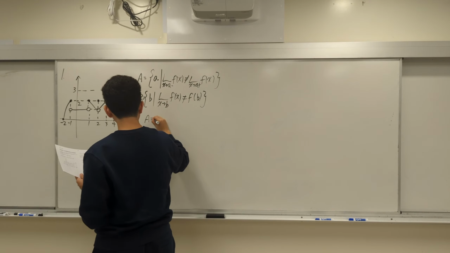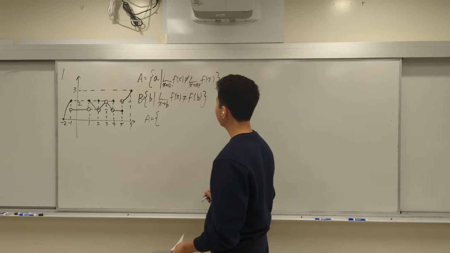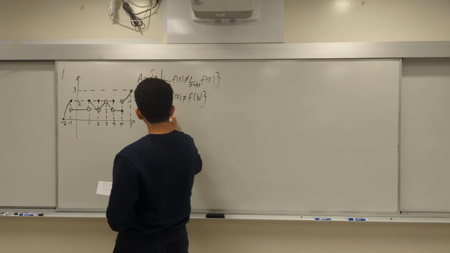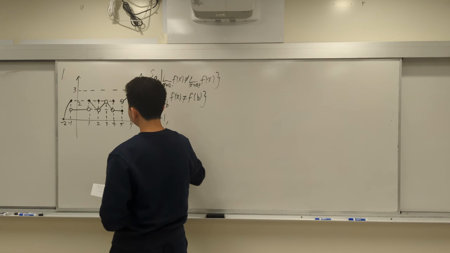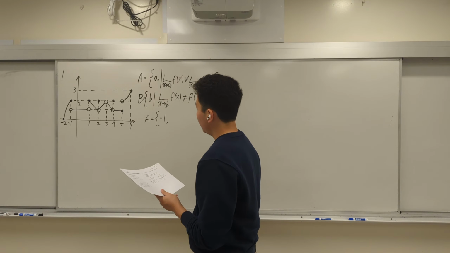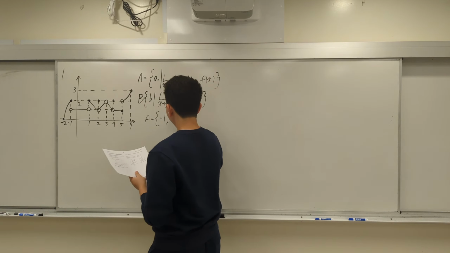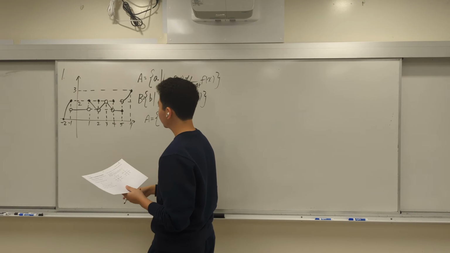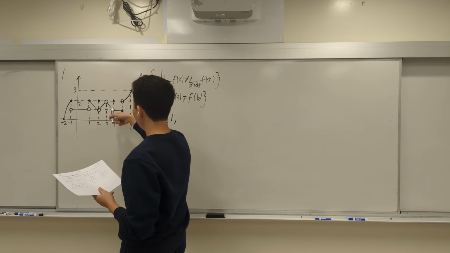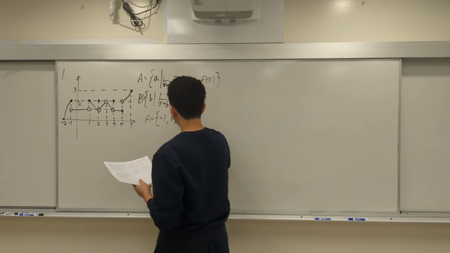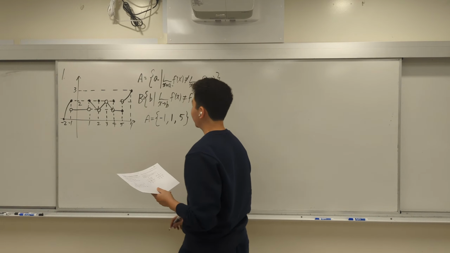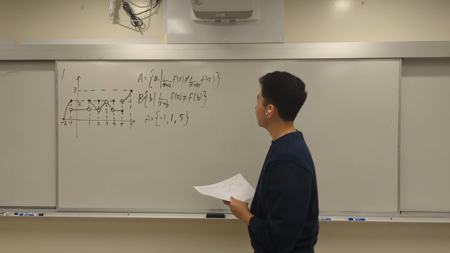Let's do A equals that, and then we have -1. And what else? 0, it's continuous. 1, we have different left and right hand limits. 2, we have the same limit, as well as 3, as well as 4. But 5, we have different left hand and right hand limits. And that's it for A.